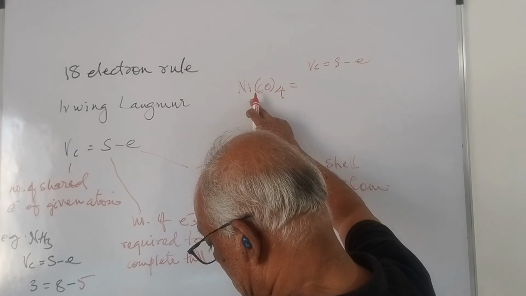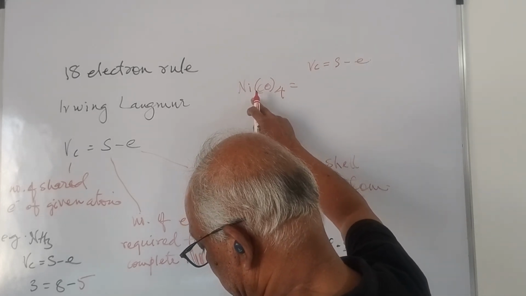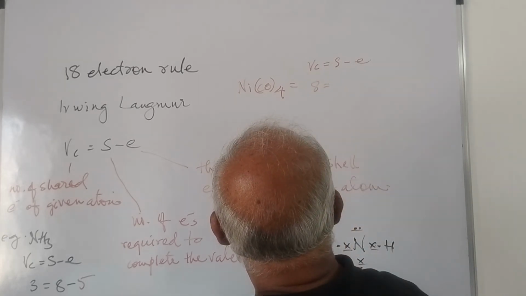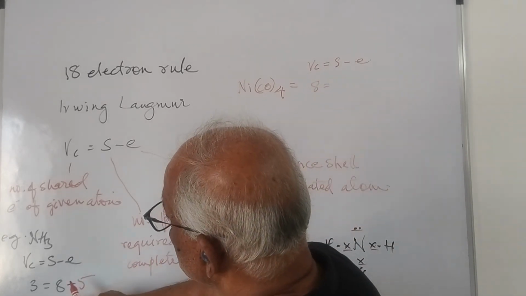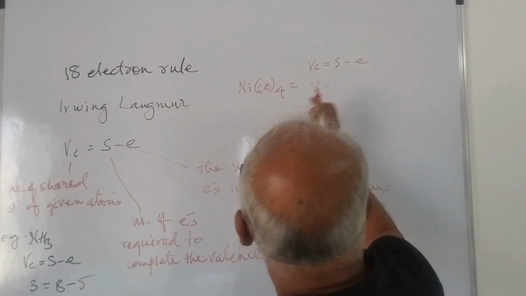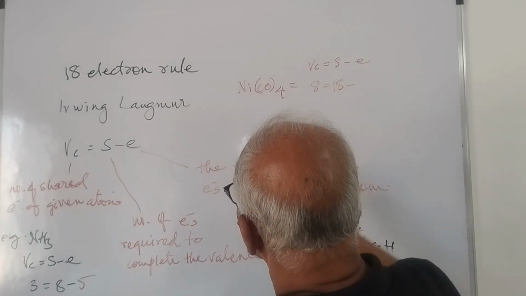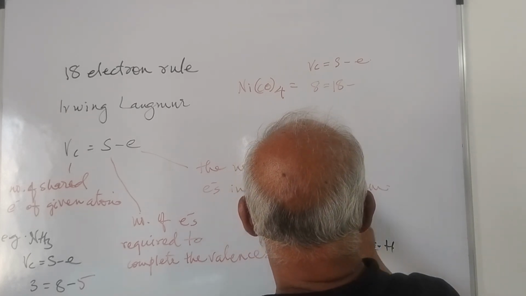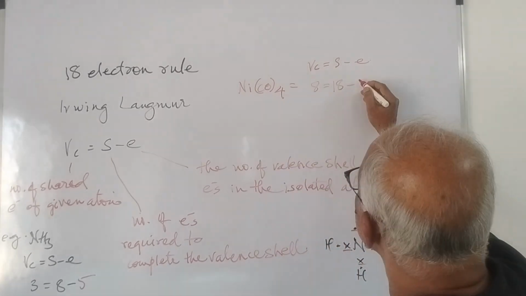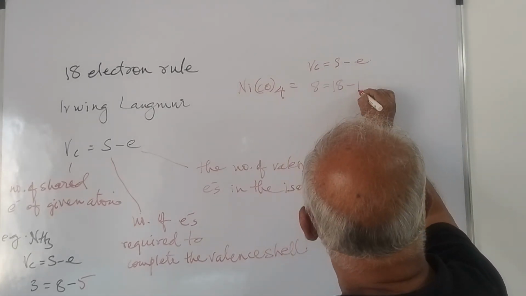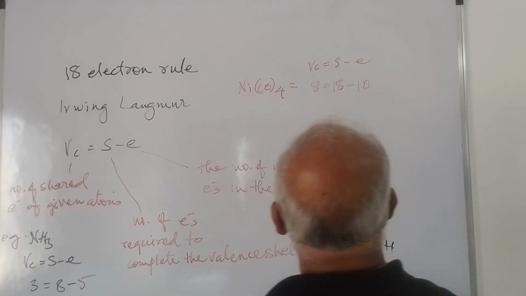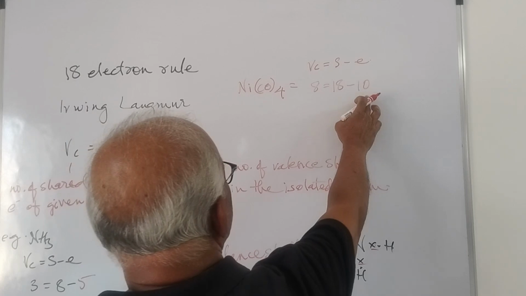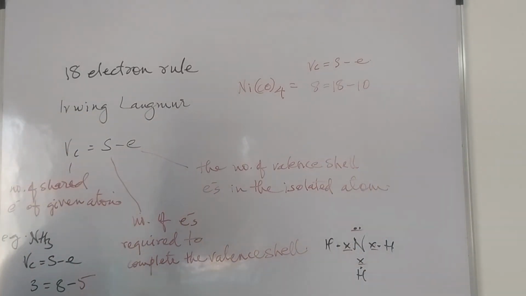So 8 electrons are shared here. So 8 is equal to the capacity to accommodate valence electrons, 18, minus the number of valence electrons in the isolated atom, that is 10. So nickel has contributed 10 electrons in all.